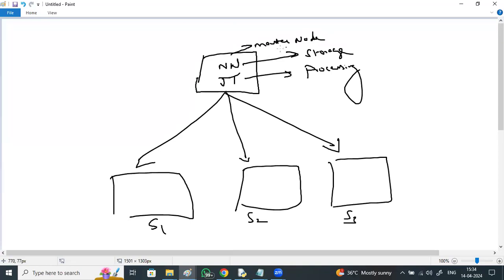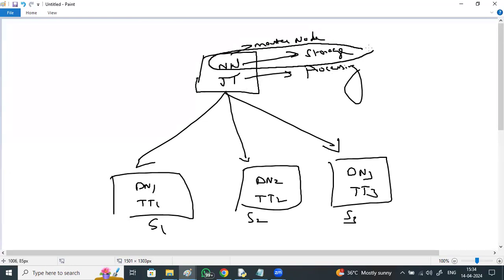Clearly, within the master node, you have the name node and job tracker. And within the slaves, you have a data node and task tracker. Data node 2, task tracker 2, data node 3, task tracker 3. Anything related to storage will be taken care of by the name node and data nodes.